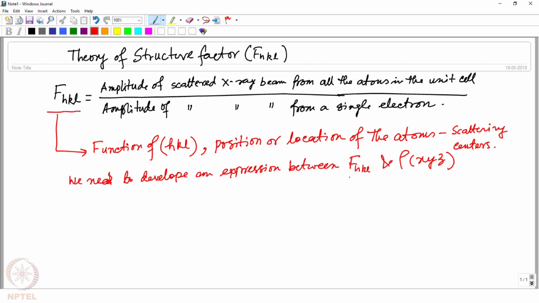So, we need a nice equation to equate these two quantities FHKL and rho xyz. To understand this, we assume a simple harmonic motion, and from there we would extend our understanding.